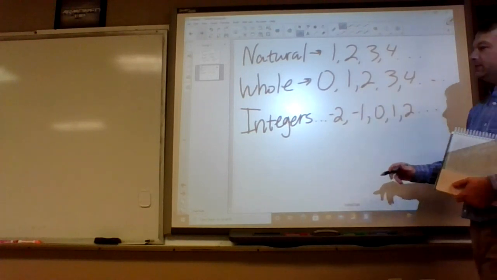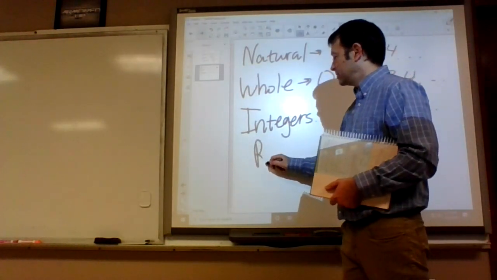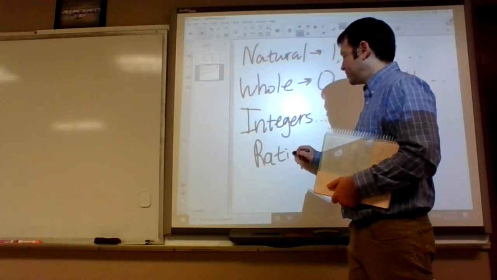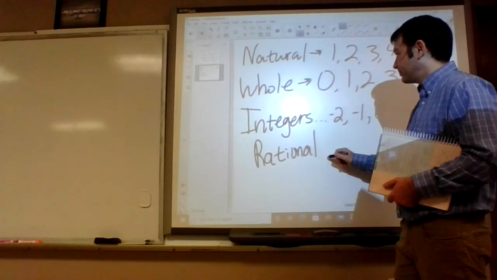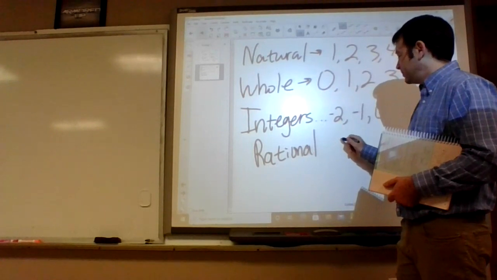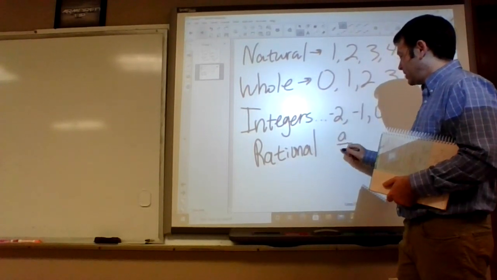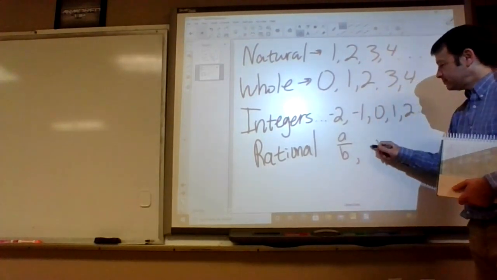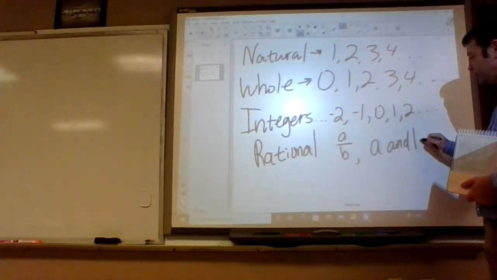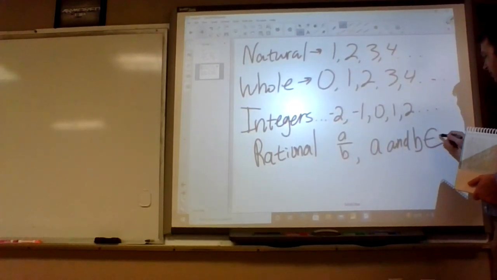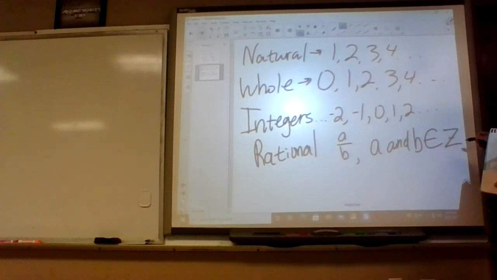Then what came? Rationals. This is the hardest group to define. If I do the technical definition, I'm probably just confused, but I'll try anyway. It's A over B, where A and B are, what does the Z stand for?